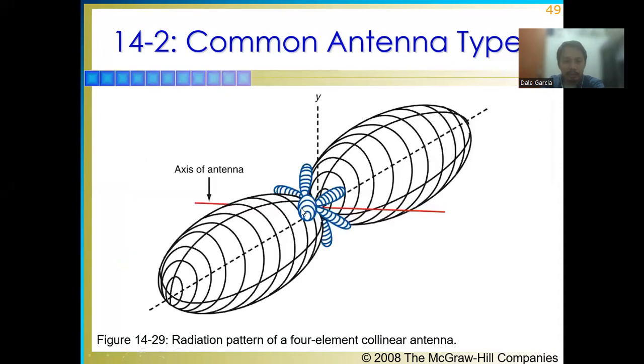So, the radiation pattern of a 4-element collinear antenna. The purpose is also to widen the radiation pattern, no? It can be just three. There is a specific antenna that needs only three driven elements to model an omnidirectional radiation pattern. The beam width of one is 60 degrees.